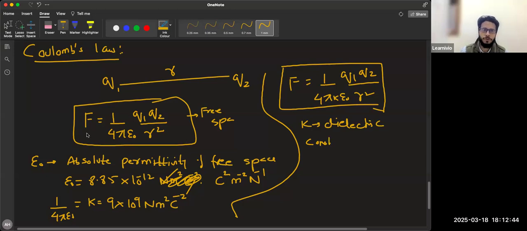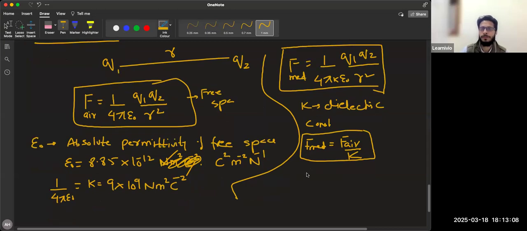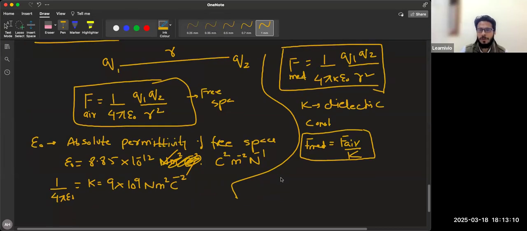So this is the force between two charges in air, and this is a general formula which is valid for any medium. So if you want, you can write the force in a medium as force in air divided by the dielectric constant. And we are assuming that charges are placed at the same separation both in air and in medium. So force in medium is less than the force in air.